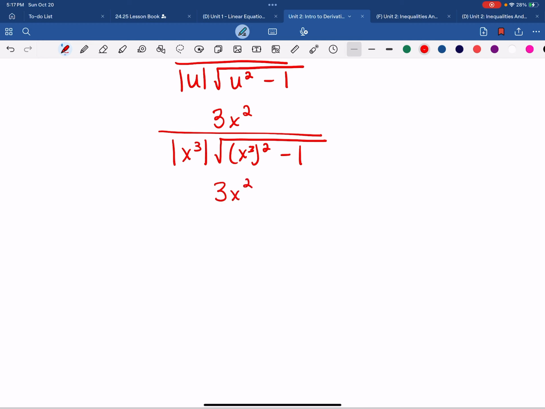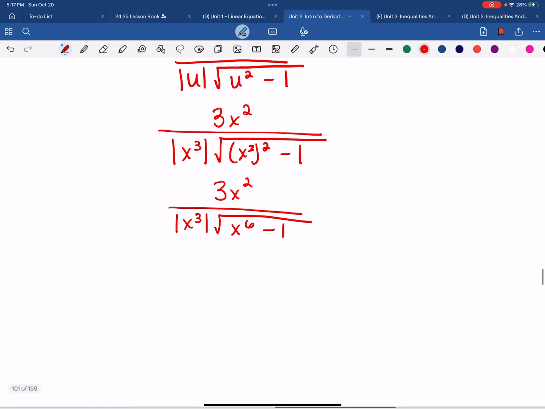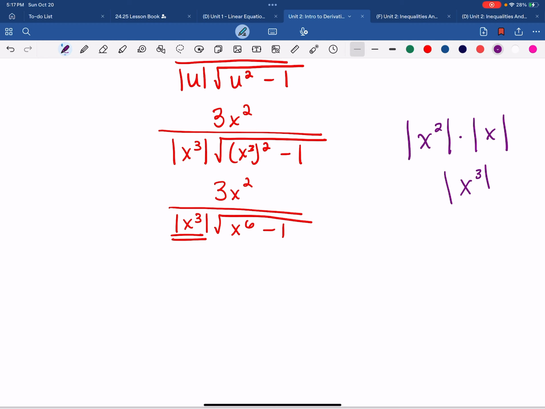So we get 3x squared all over absolute value of x cubed square root of x to the 6 subtract 1. Now, this x cubed is being forced to be positive because it's surrounded by absolute value. The absolute value of x squared times the absolute value of x is the same as the absolute value of x cubed. This guy right here is always going to be positive anyway, because anything that's being squared is positive.